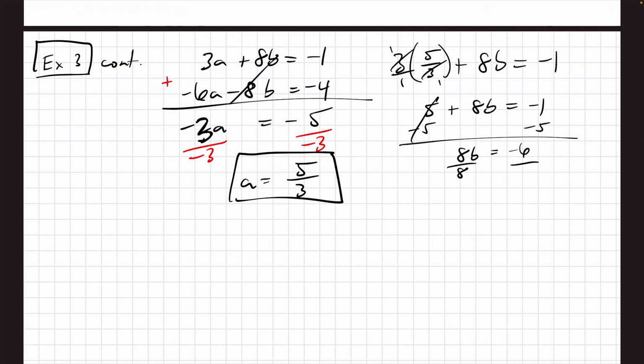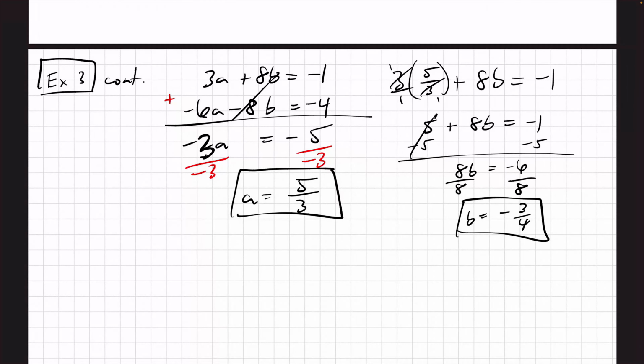Divide by 8. You get b equals negative 3/4. Done. So we've done these, but just not with differentiability. We've done them with continuity, but essentially it's the same thing. That's why I was going a little fast, because hopefully it looked a little familiar.